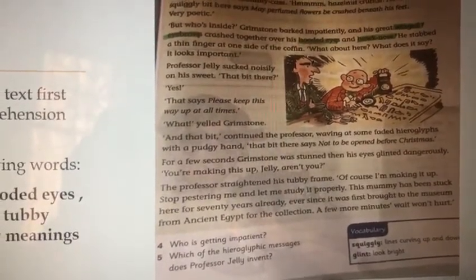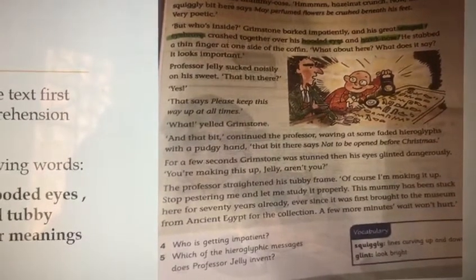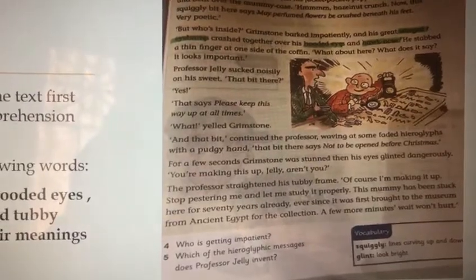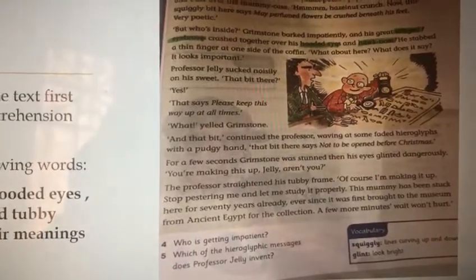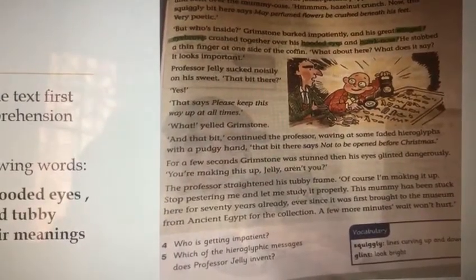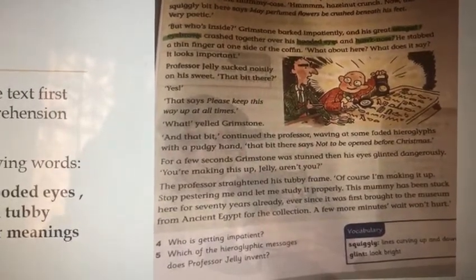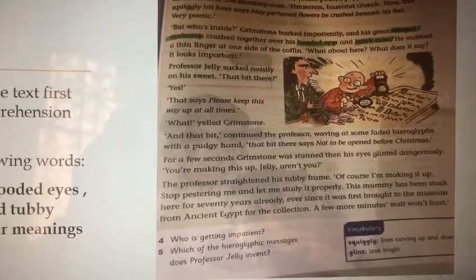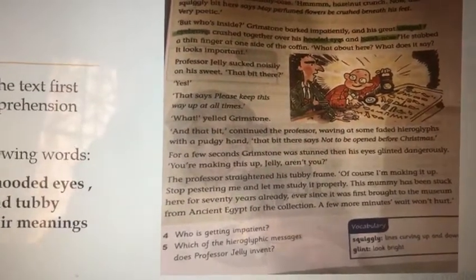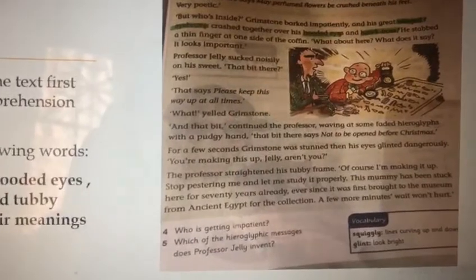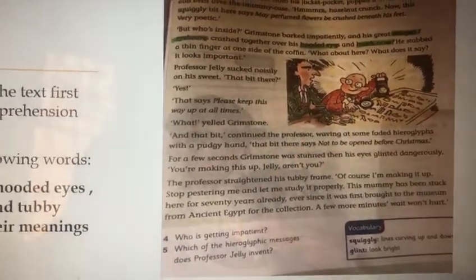Professor Jelly is the man with the orange jacket. Look at his face. His face is rounded like the moon, and he has a tubby frame, and his hands are very podgy, unlike Grimston. Podgy means fat.